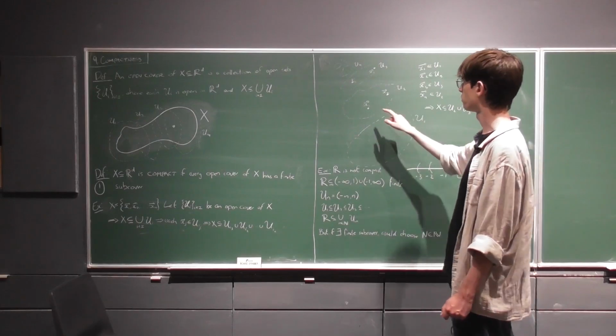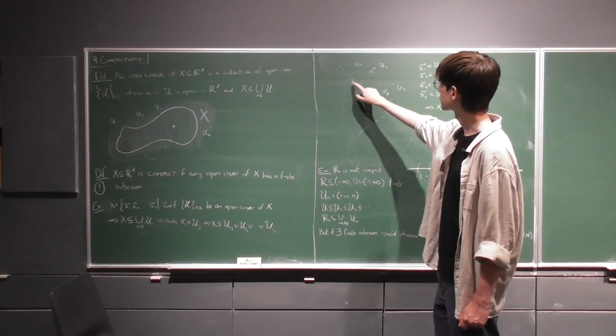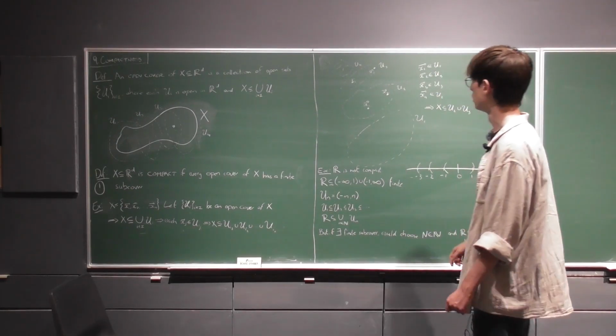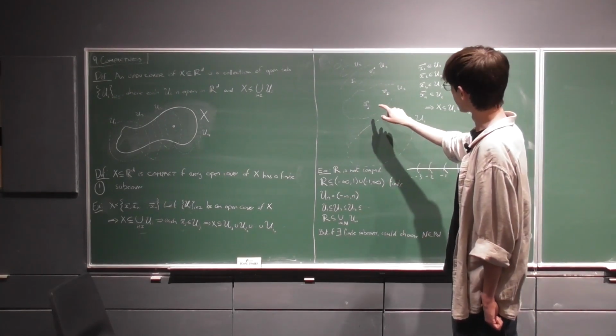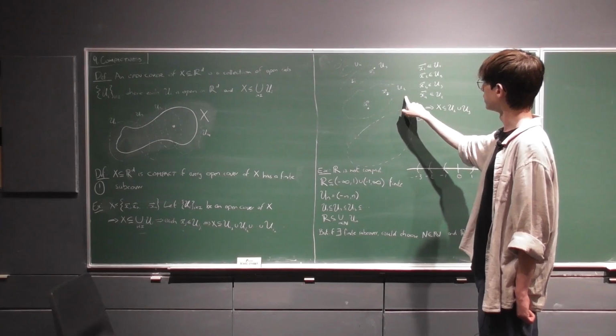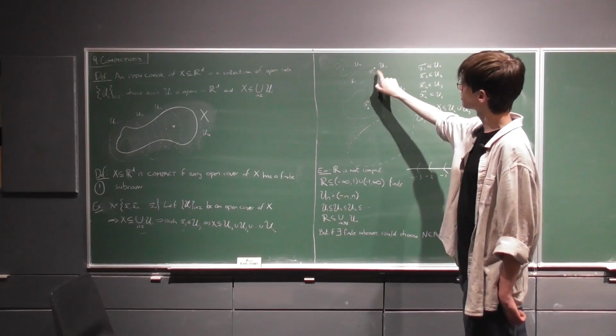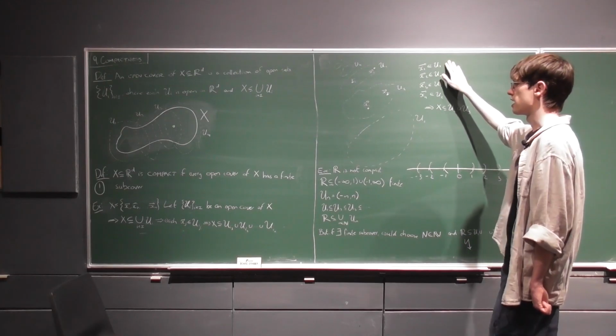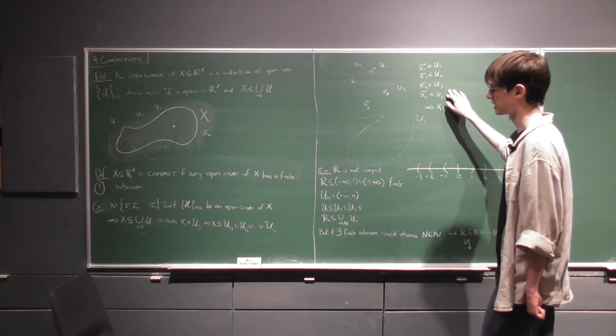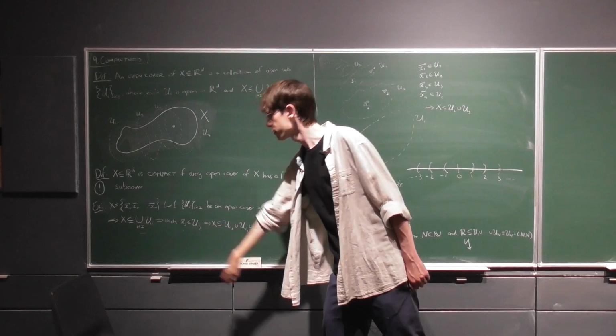And if we had a finite number of points x1, x2, x3, and x4, well, we can see that x1 is contained within U2, x2 within U3, x3 within U3, and x4 within U2. So these are our open sets, as in here.